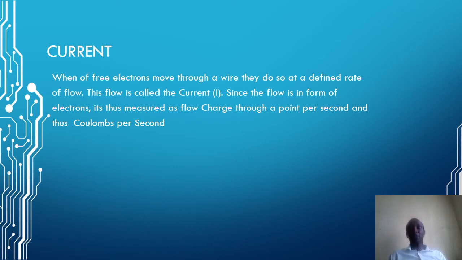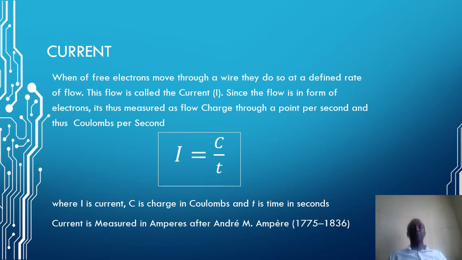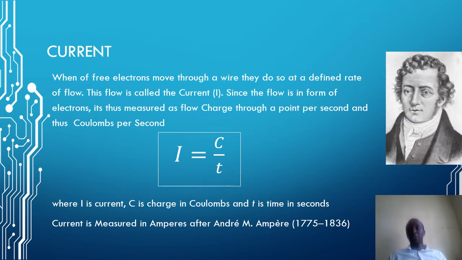In this case, we'll be measuring it in terms of the amount of charge in coulombs per unit time, which is in seconds. When measuring current, we always measure it in amperes, and this unit is named after Andre M. Ampere, who's also shown there.